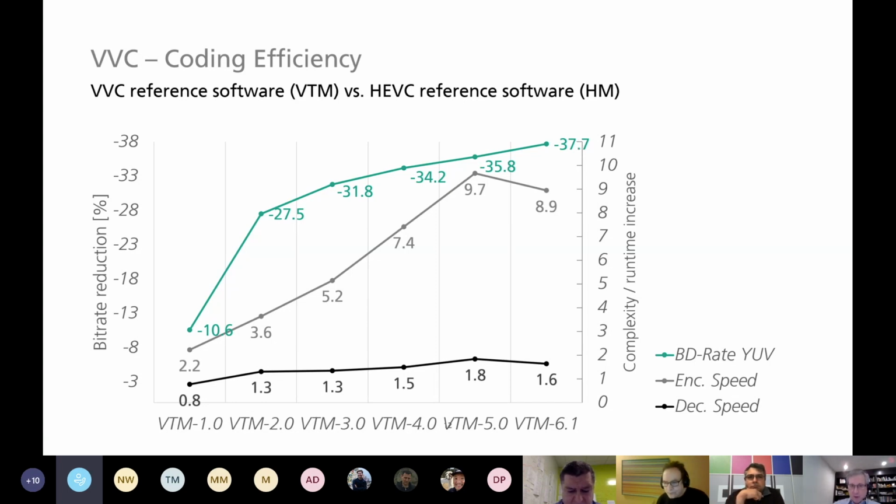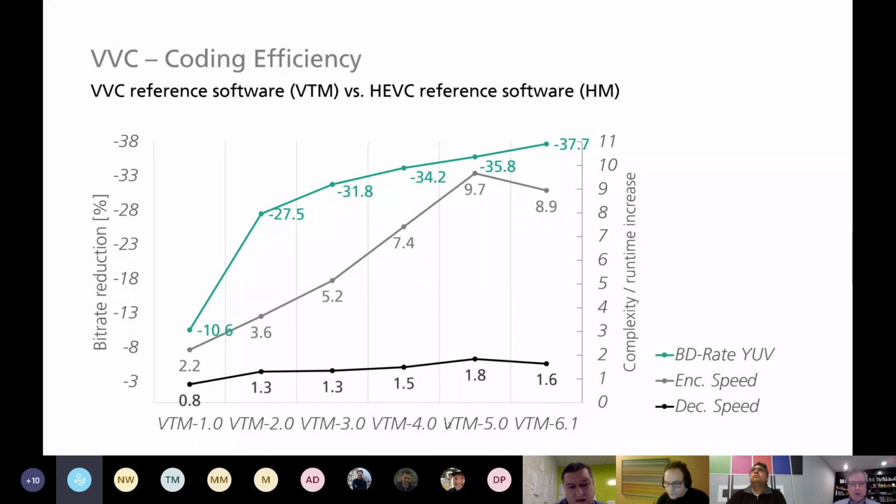In subjective quality, we're even better than that. But you can see that over time, the coding efficiency has gotten better and better, although it has started to plateau, and now being done with the project, we're at about 40% in PSNR for HD and Ultra HD, and subjectively, we're probably better than that, in the neighborhood of 50% bit rate savings.